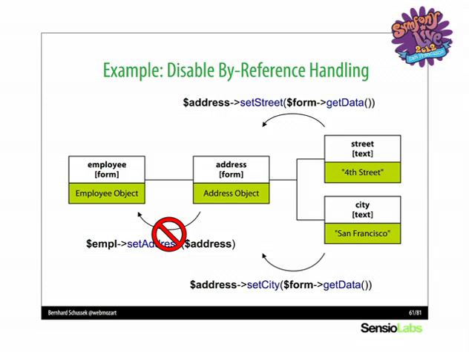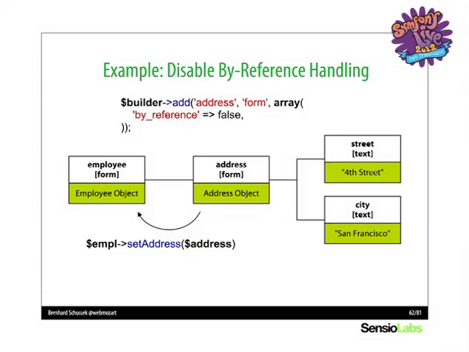Very simple. When you bind that form, Symfony will fill the values of the fields, will call the setters on the address object, so setStreet and setCity, but it will not call setAddress on employee because it knows that the address object is a reference and that it is not necessary to call setAddress.